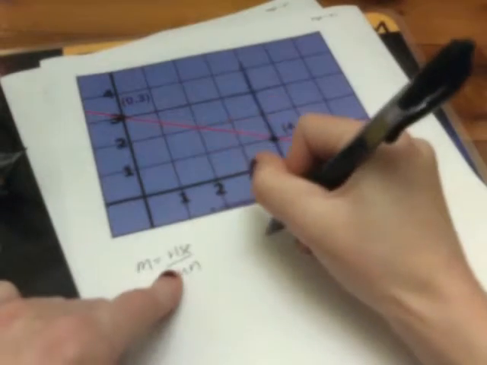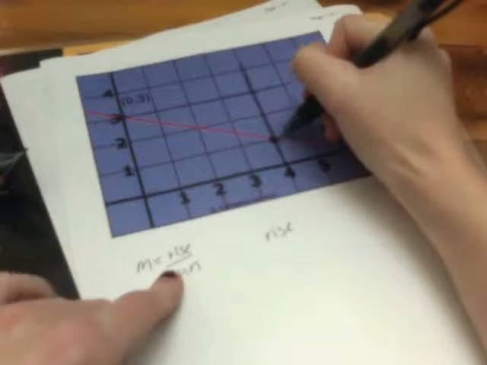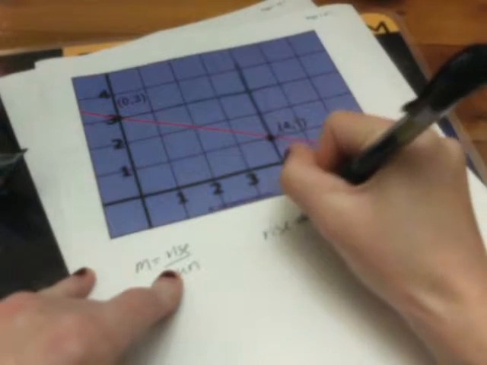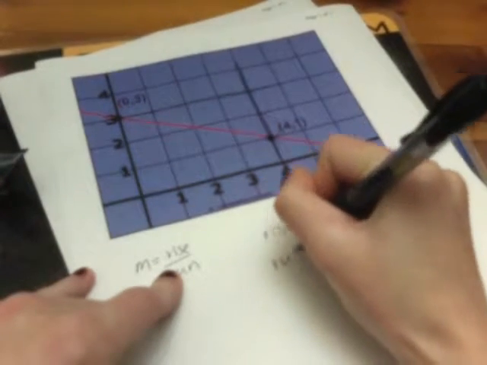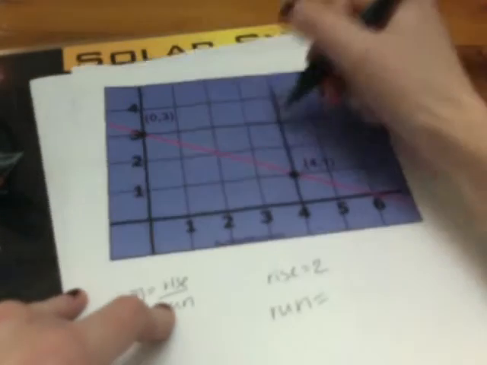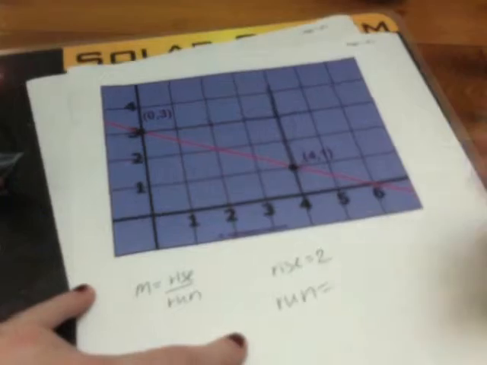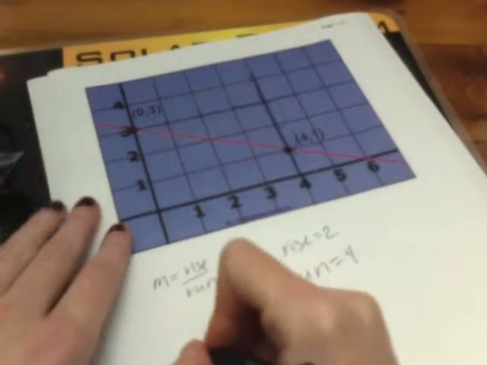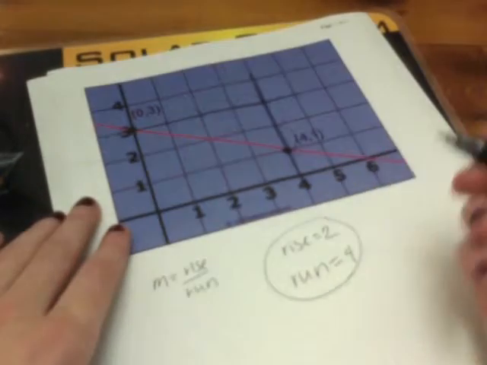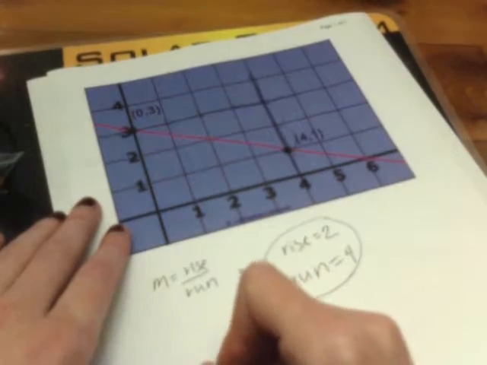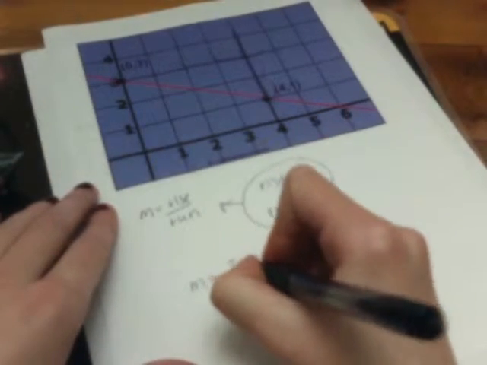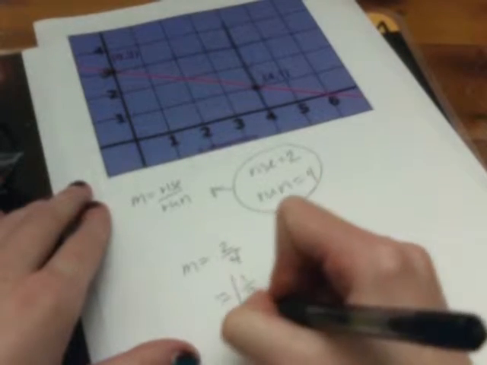So the rise equals 1, 2, while the run equals 1, 2, 3, 4. By plugging these two numbers into this equation, we get that the slope equals 2 over 4, which can be reduced to 1/2.